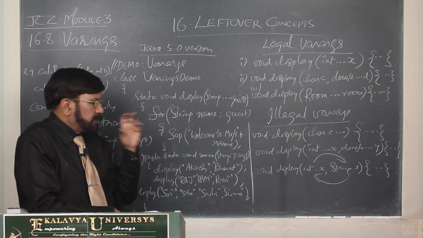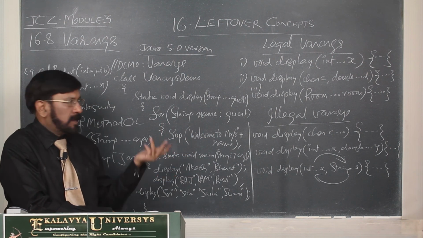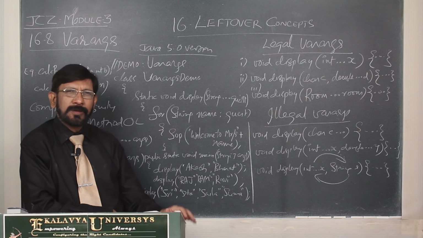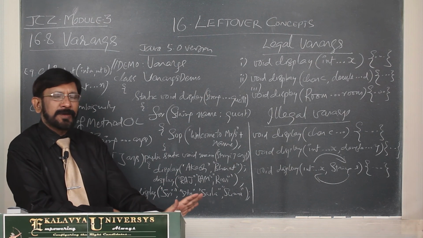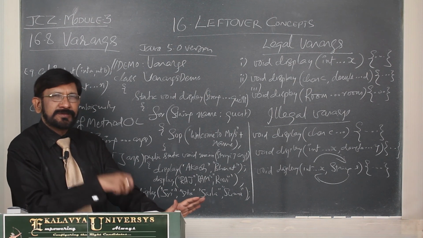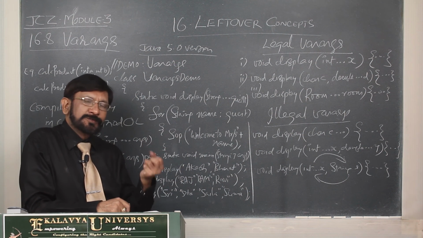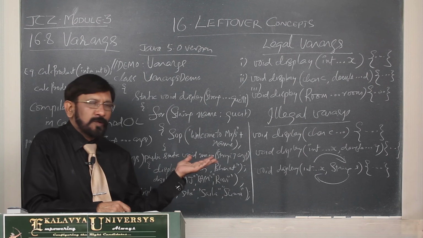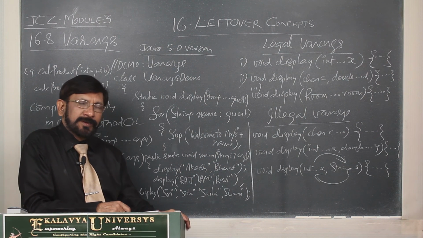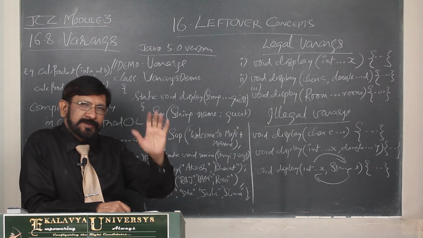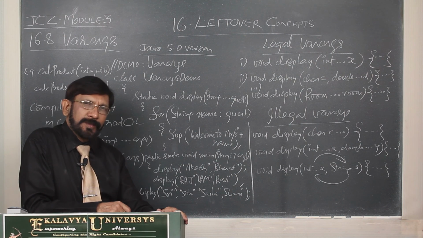Once you write 3-4 programs on that, work out all possibilities, and then you can get a perfect command over this. This enables you to write smart code in your program. It reduces the size of the code in your program.